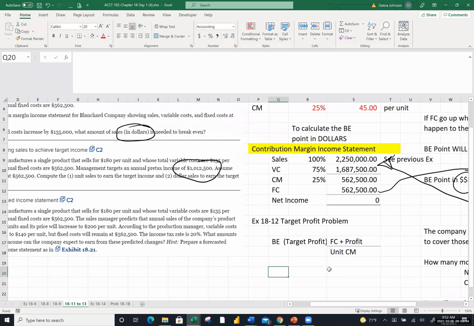So let's calculate that. The fixed costs are the 562,500. They didn't change. And the profit, I'm going to put in there from the problem, 1,102,500. So for your notes, it is the fixed costs plus the profit.